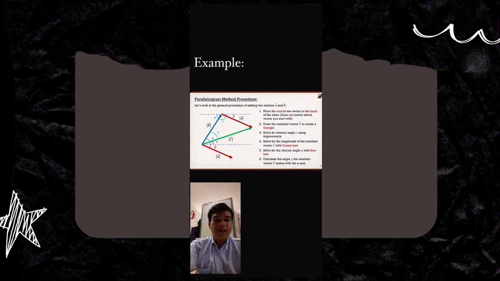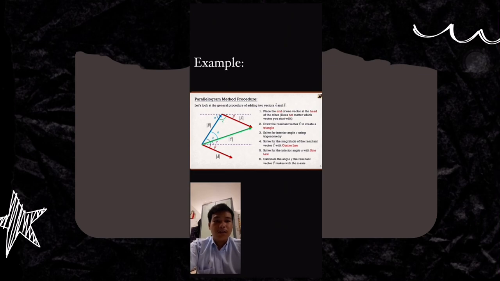For example, the parallelogram method proceeds as follows. First, place the end of one vector at the head of the other. Second, draw the resultant vector to create a triangle. Third, solve for the interior angle using trigonometry.